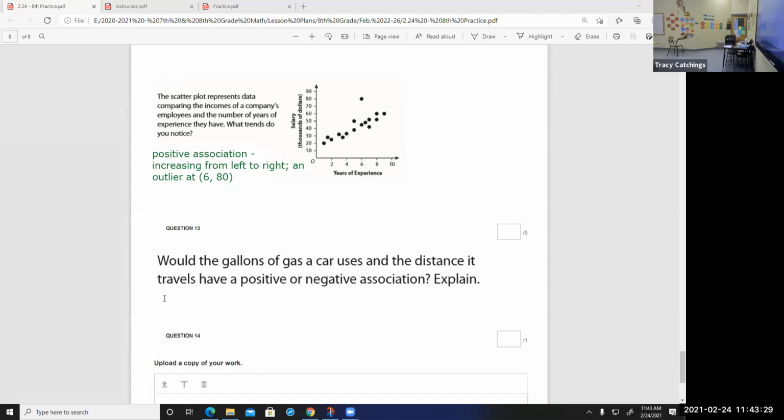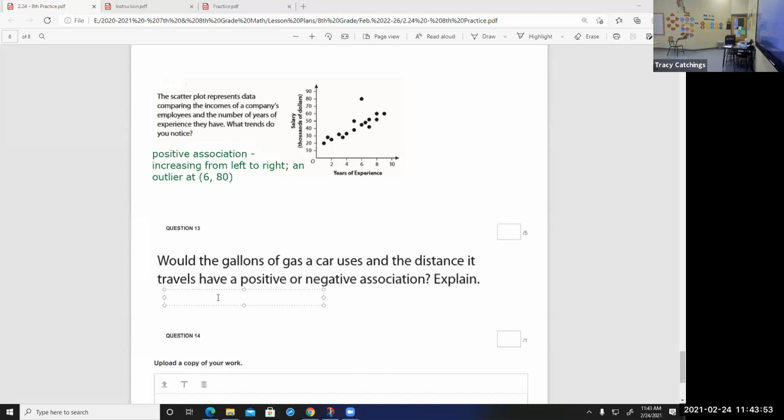All right, at the bottom it said, the gallons of gas a car uses and the distance it travels have a positive or negative association. I'm on a full tank of gas. What does that mean for my distance? Your gas would be negative.